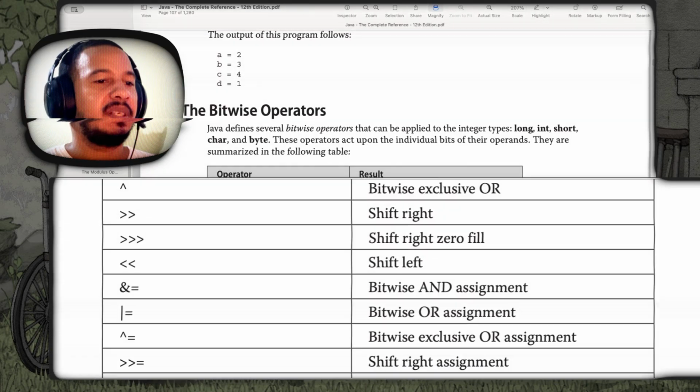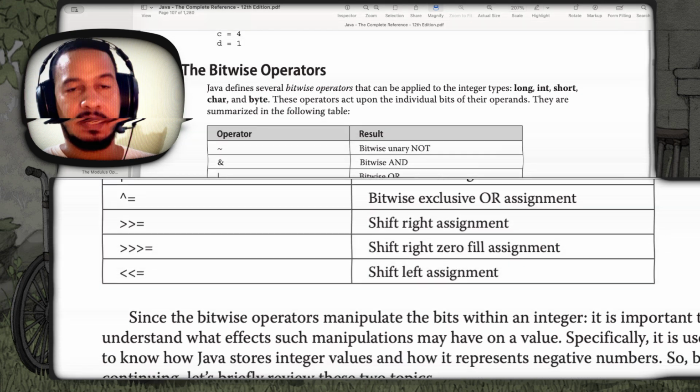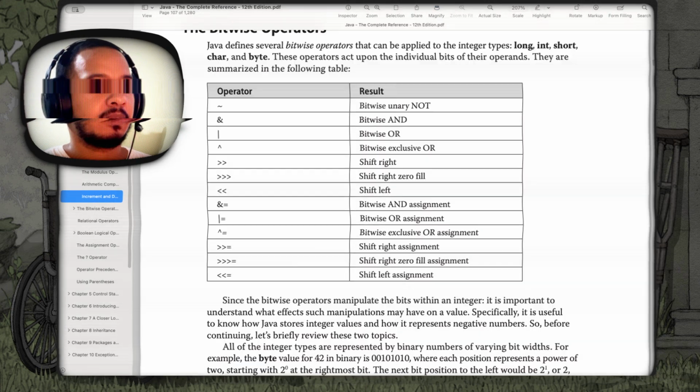Some of them I was familiar with, some of them I was not familiar with. So I don't use them.